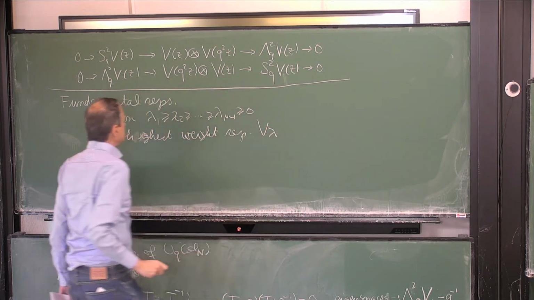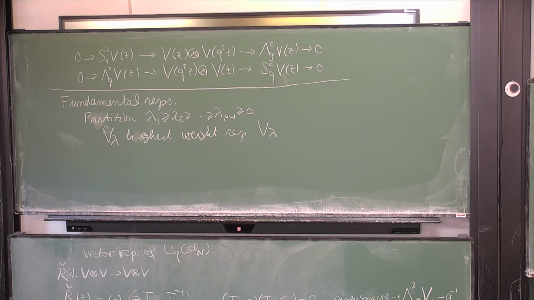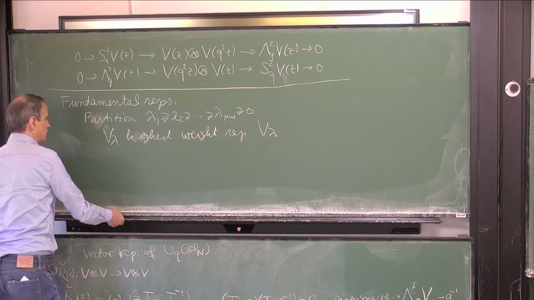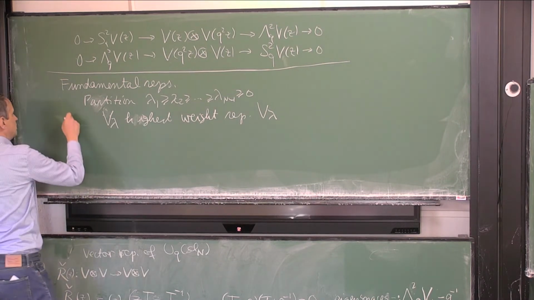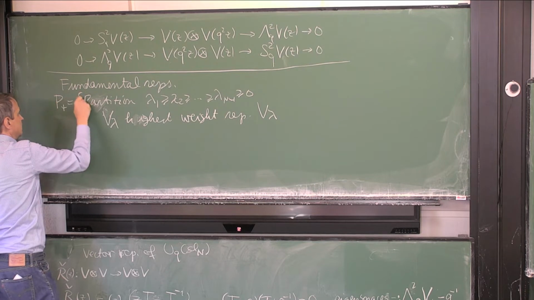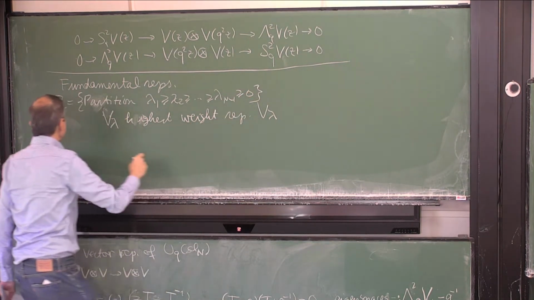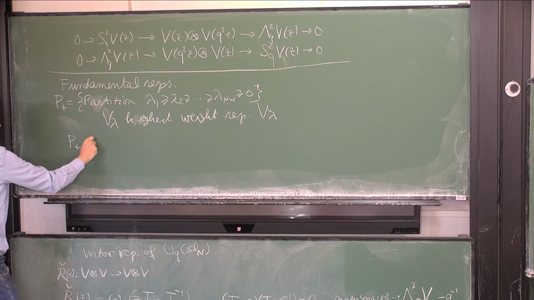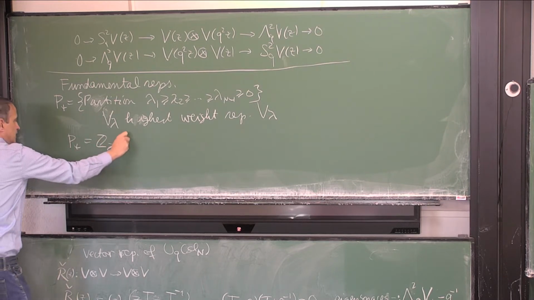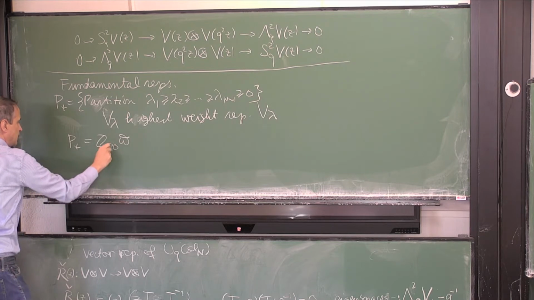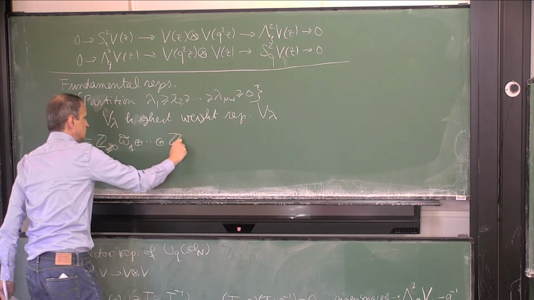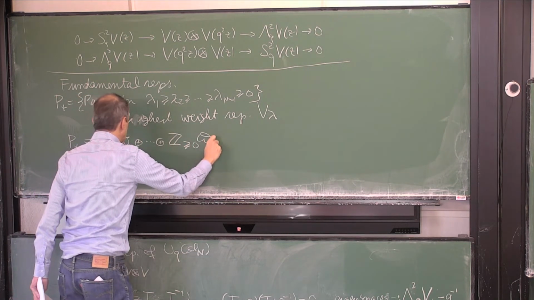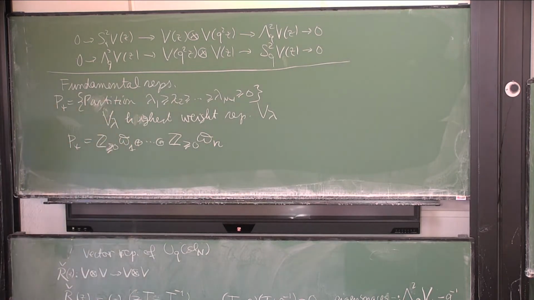Representation V lambda. So these lambdas, these partitions, form a cone in the n-tuples, or n minus 1 tuples, and this cone is general. So P plus is a set of partitions, spanned by, maybe I use Bourbaki terminology, these fundamental weights.